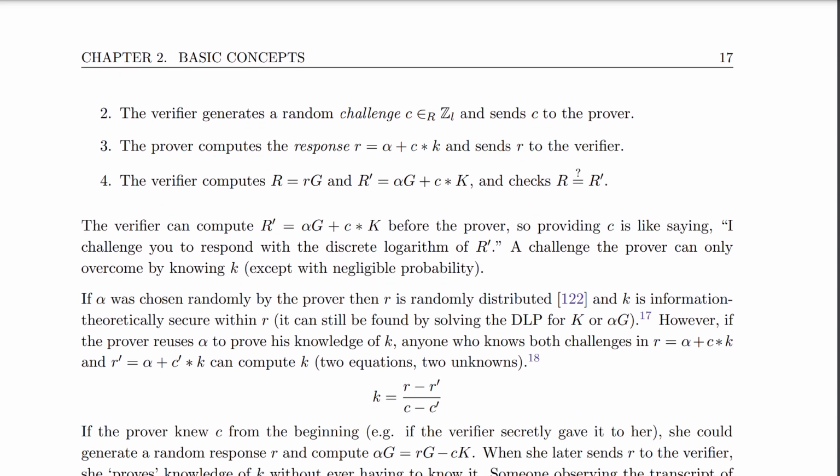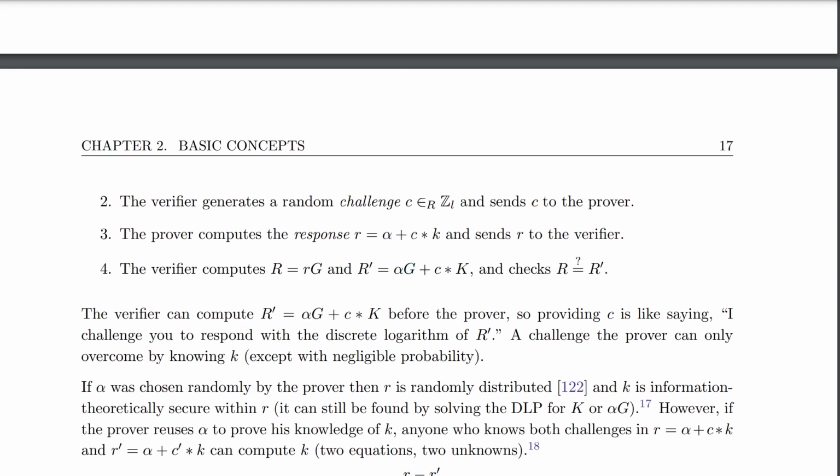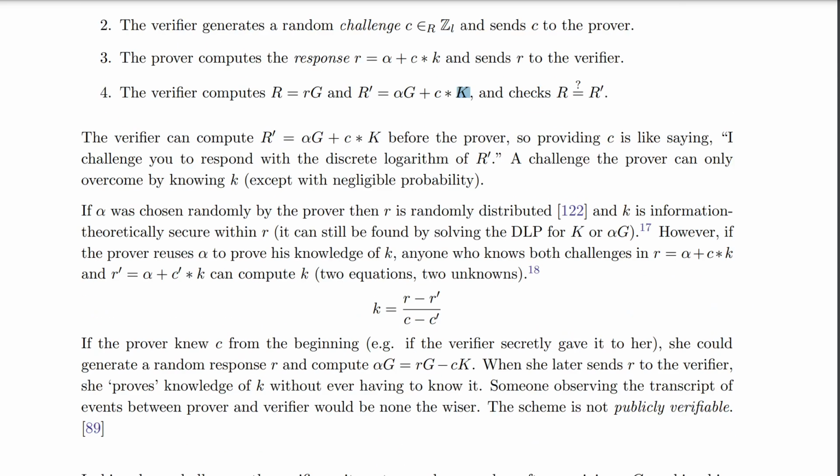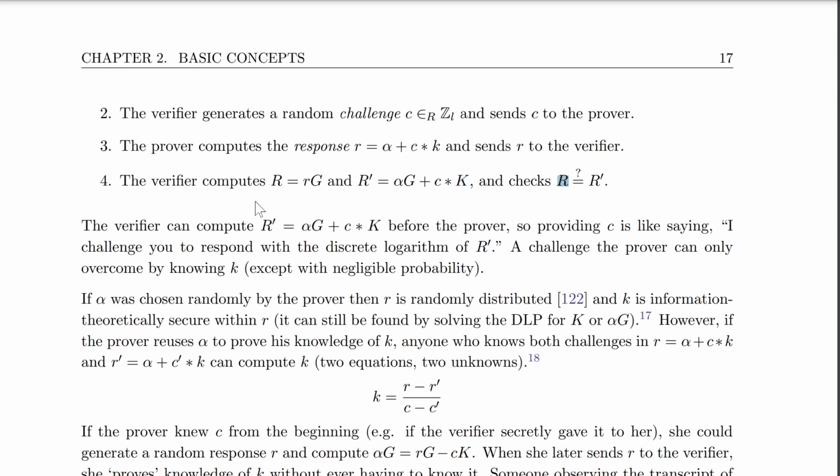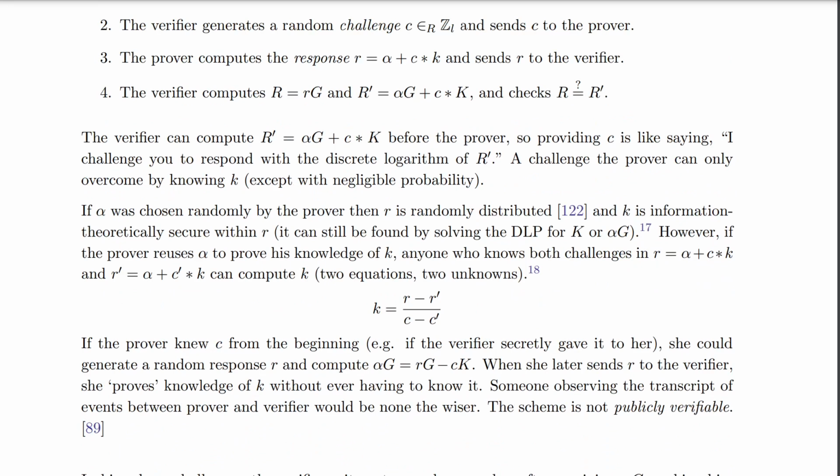So now the verifier has everything that they need to compute this response point, which is just the response they've just received times the generator, and R prime, which is going to be alpha G, which they received initially, plus the challenge times the public key. And they just check the equivalence. Does R, this term, equal R prime?